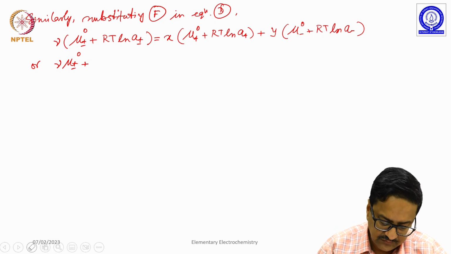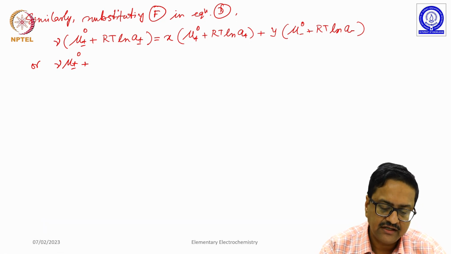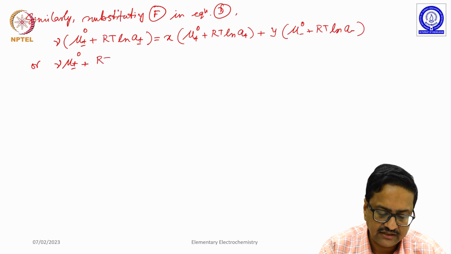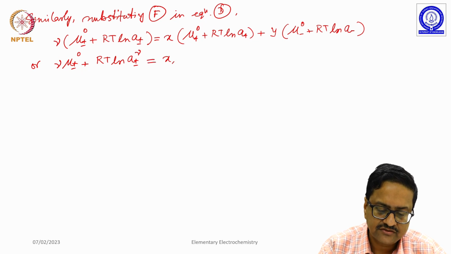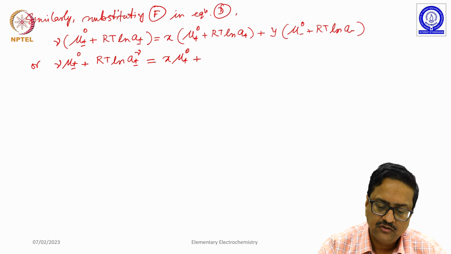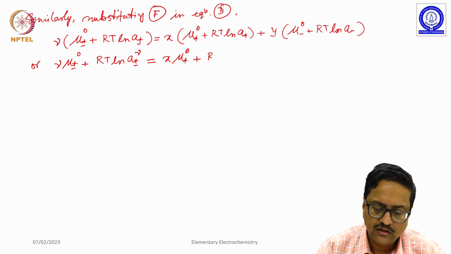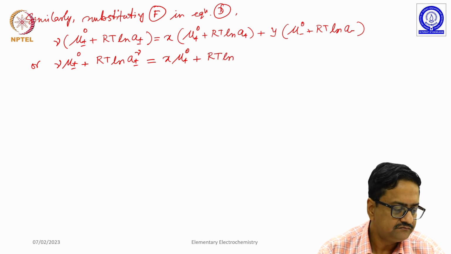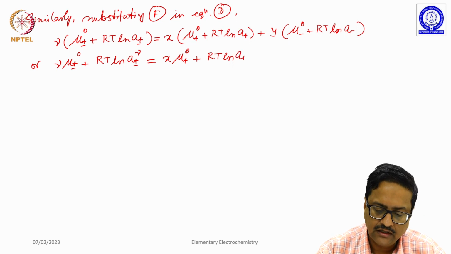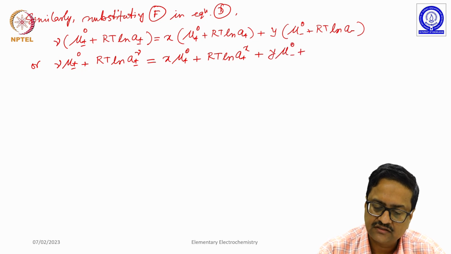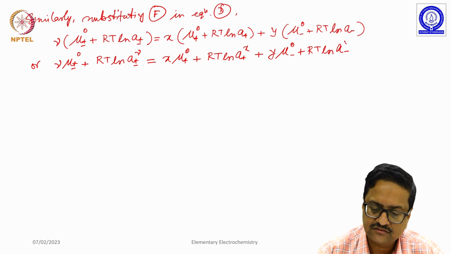When you multiply nu with RT ln A plus minus, we can write it as RT ln A plus minus to the power nu is equal to x mu plus 0 plus RT ln A plus to the power x, plus y mu minus 0 plus RT ln A minus to the power y.